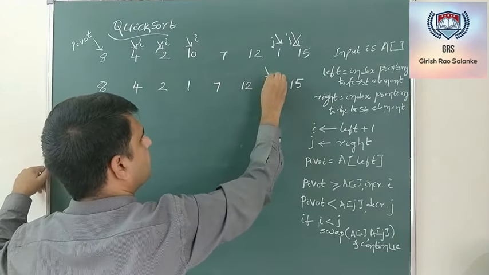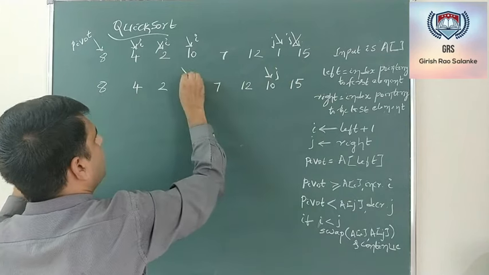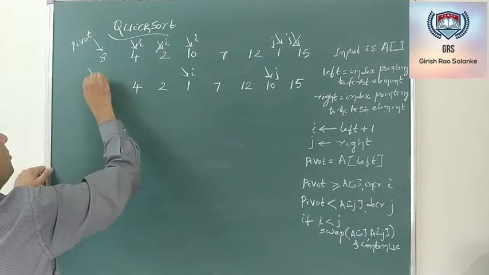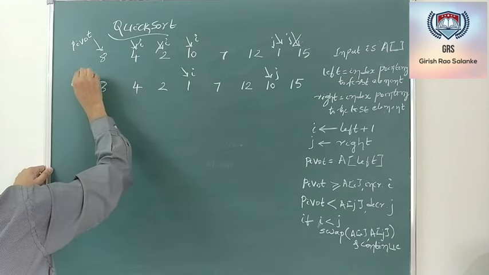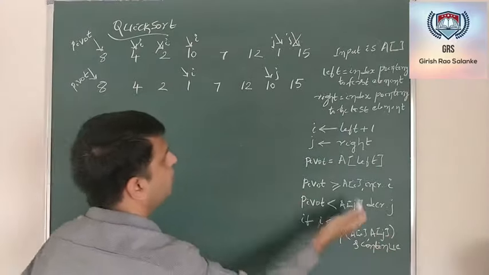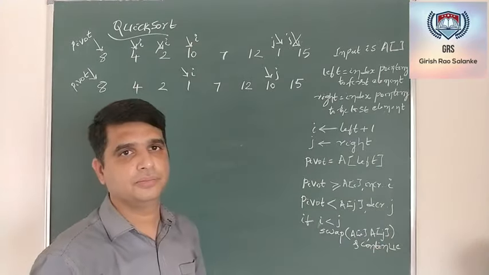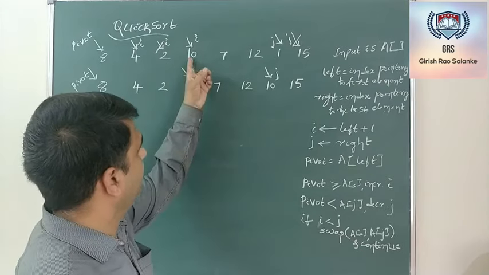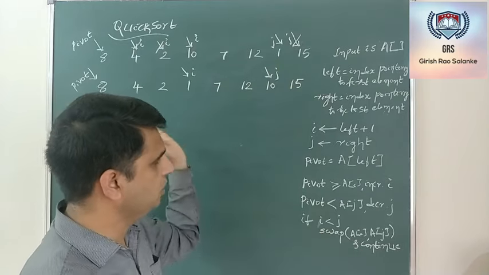Your j will be at this position and your i will be at this position, and this will be your pivot element. So after swapping a of i and a of j, you need to continue. I have swapped 10 and 1, and let me continue the same procedure.